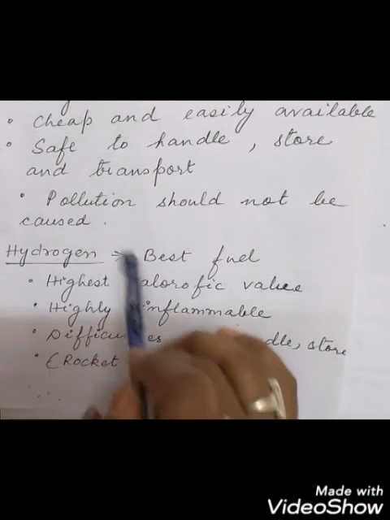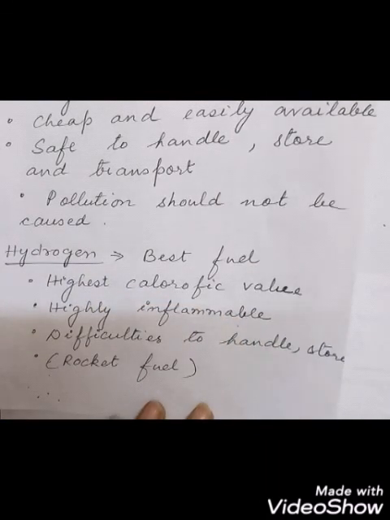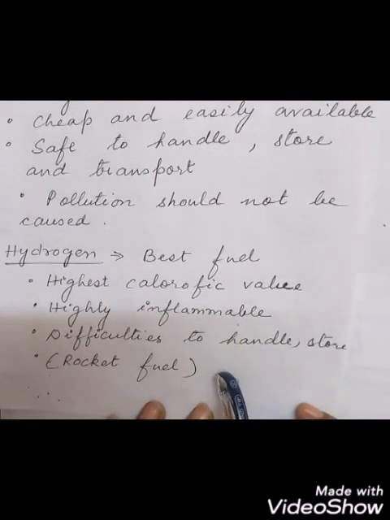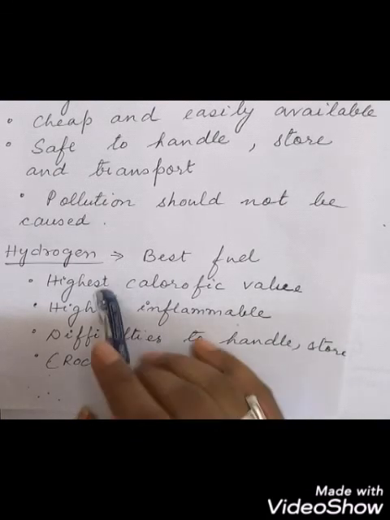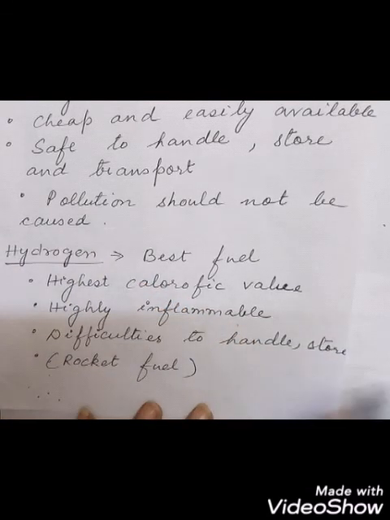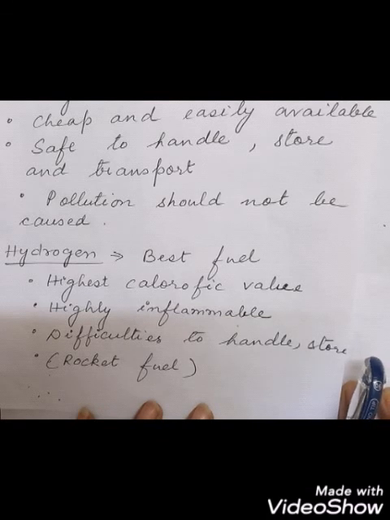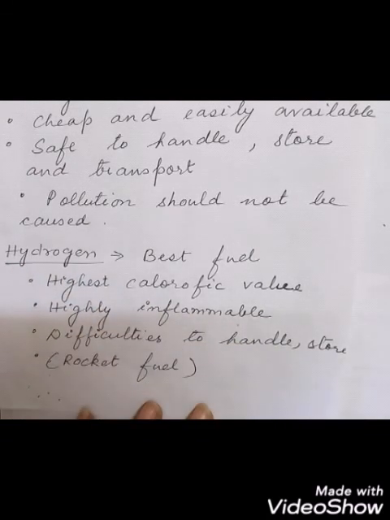So hydrogen fuel is used only when absolutely necessary, like in rocket fuel. Everyday use of hydrogen fuel is not accepted because it is highly inflammable and difficult to transport, handle and store.